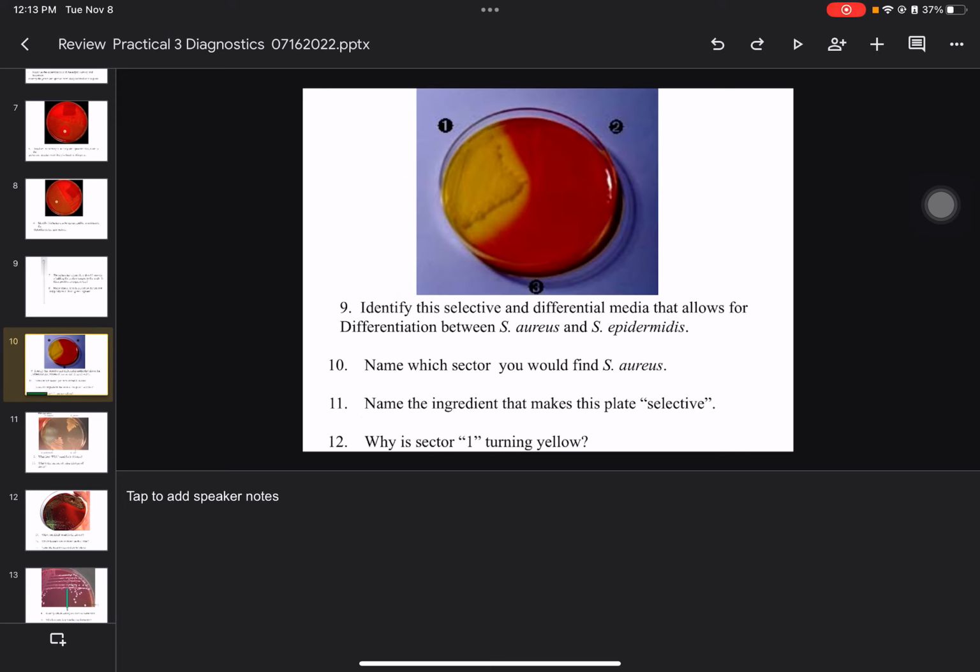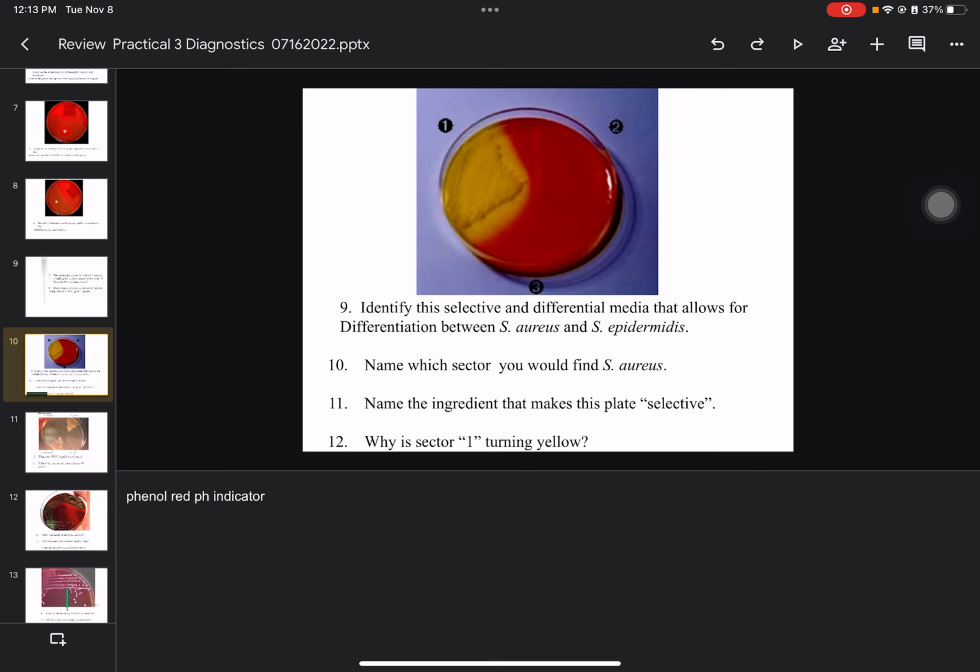All right, here we go, mannitol salt agar. What is the pH indicator in mannitol salt agar? Phenol red. What is it about this medium that makes it halophilic? Salt. You've got to give me the concentration.